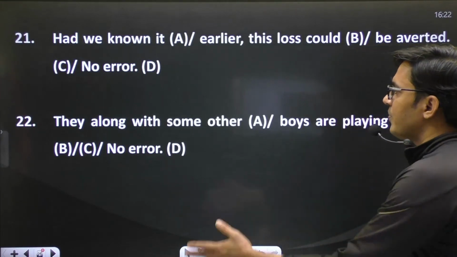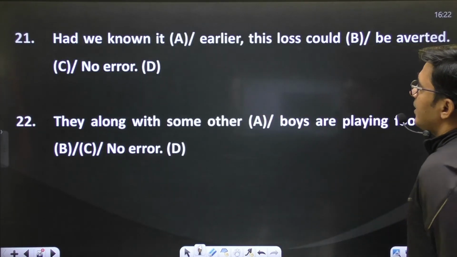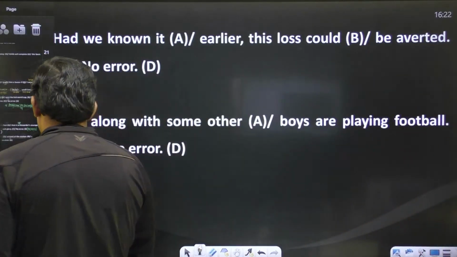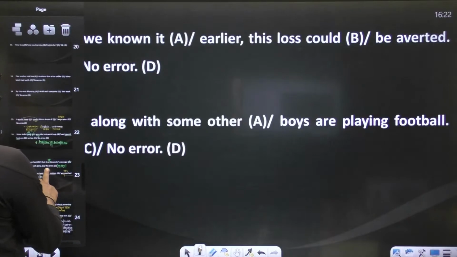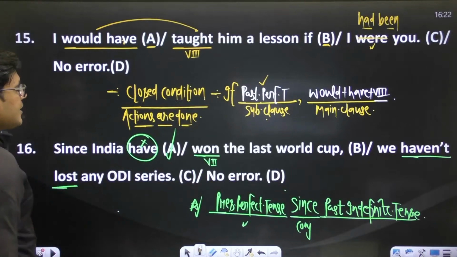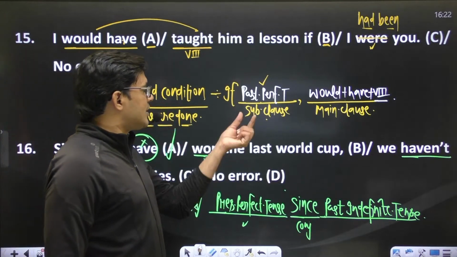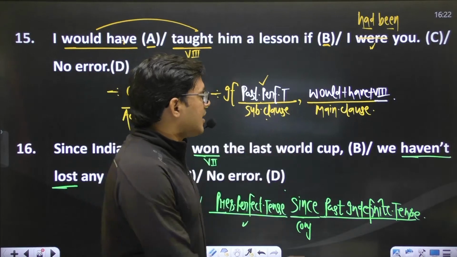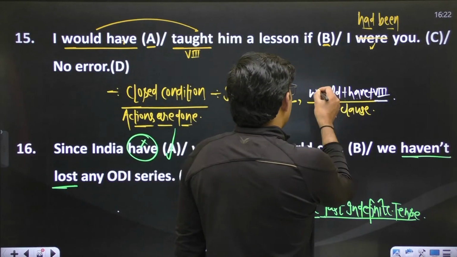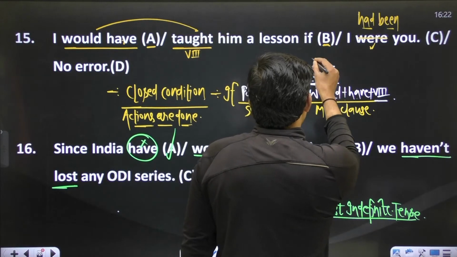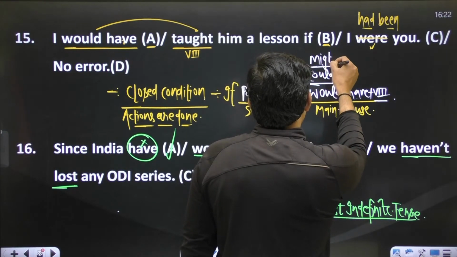Okay, let's go. Had we known it earlier, this loss could be averted. As I said, in this sentence, the close condition demands past perfect, and after that the perfect form of would, could, or might is used.